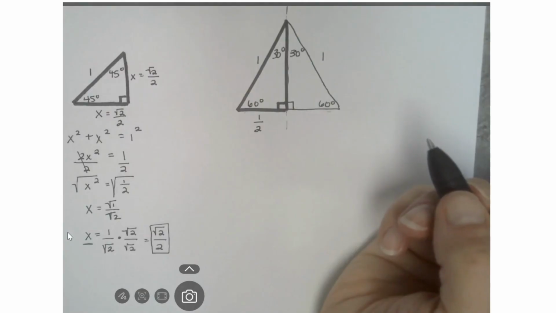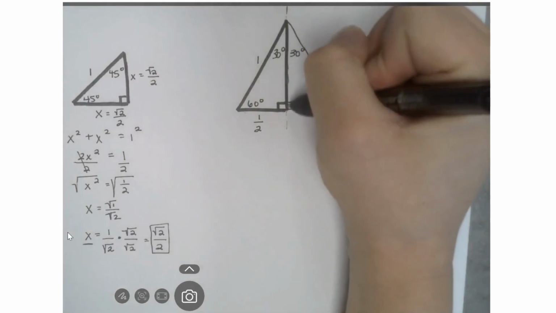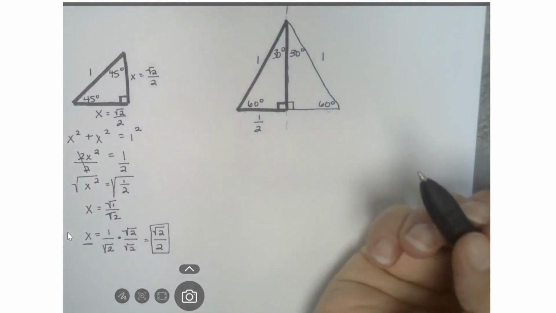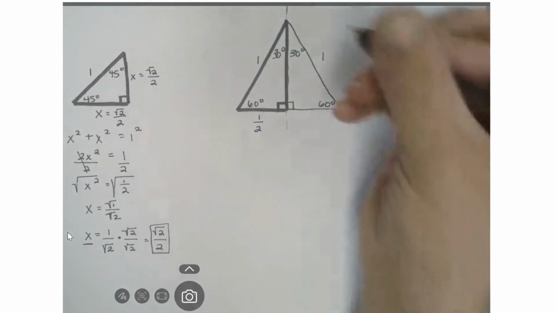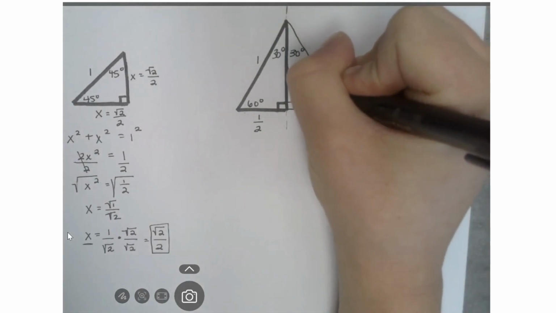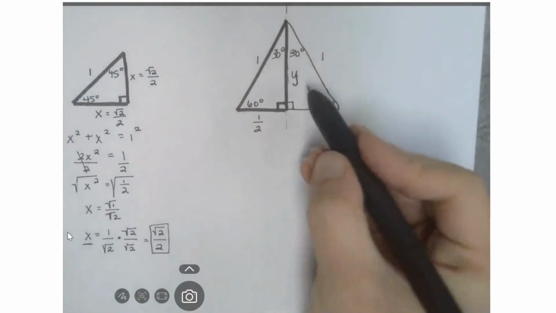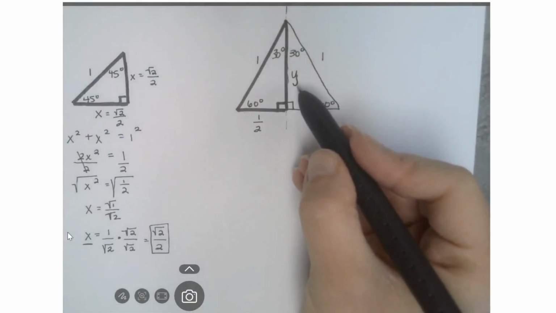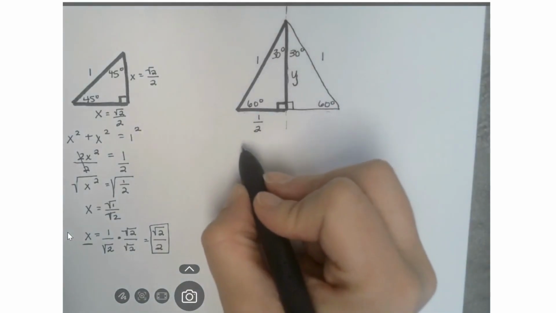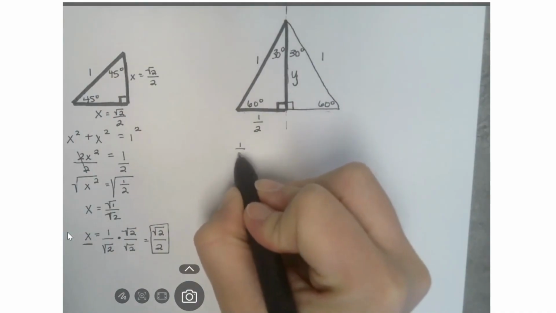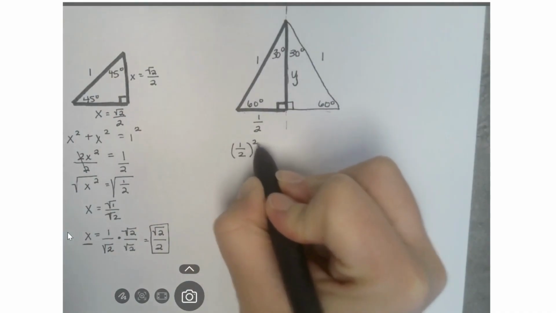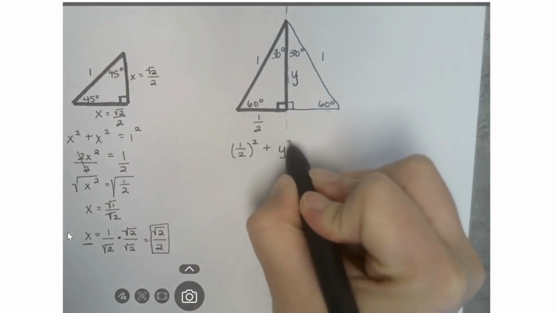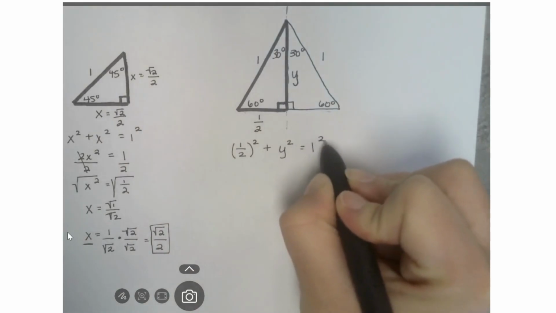The last thing I need to solve in this triangle right here is for this height. And so again, I can use the Pythagorean theorem. I'm going to use a y value here because we've been using y to represent sine values for the height. So I'm going to set up the Pythagorean theorem. 1/2 that quantity squared plus y squared equals 1 squared.